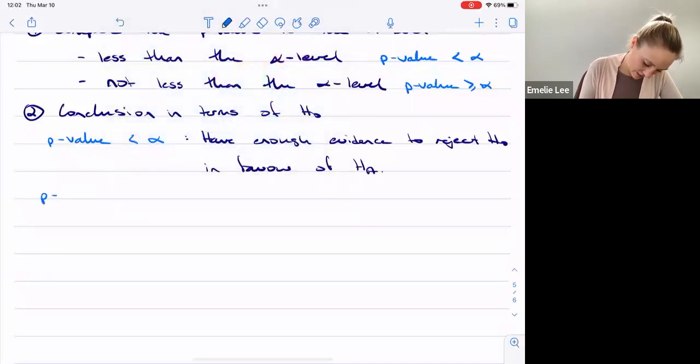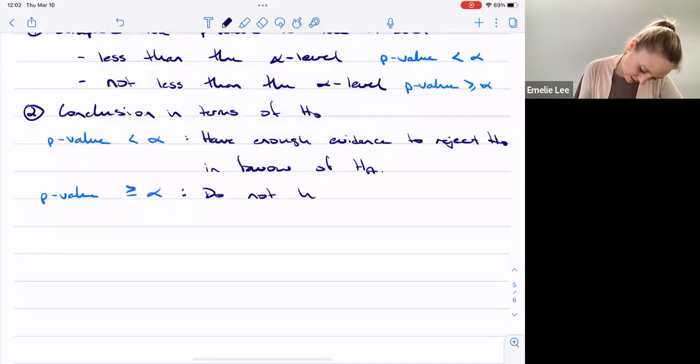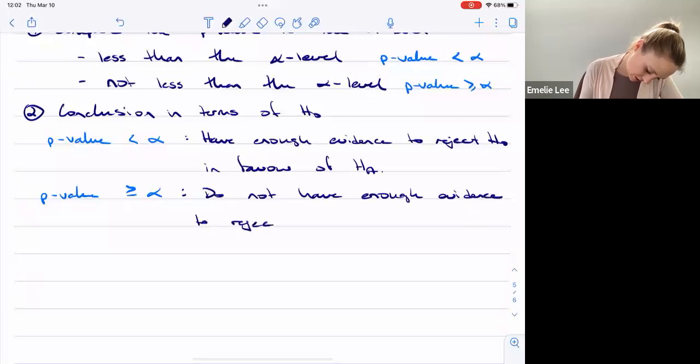Whereas if the p-value is greater than or equal to the alpha, or rather it's not less than the alpha level, then I do not have enough evidence to reject H naught.